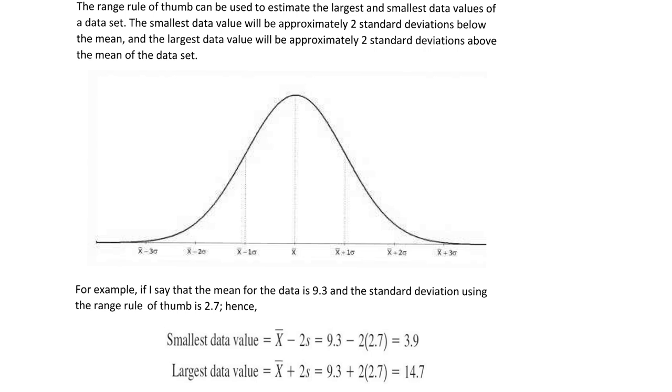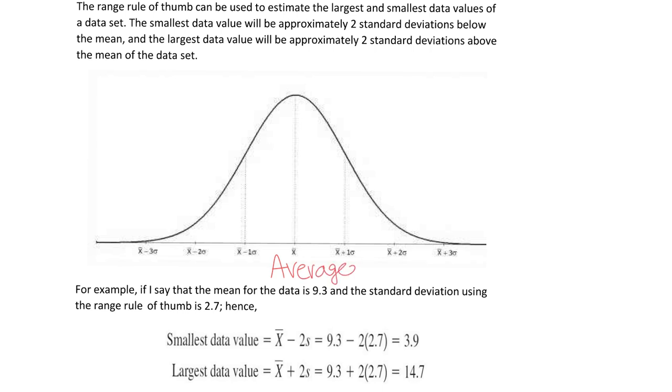The largest data value will be approximately 2 standard deviations above the mean of the data set. For example, if the mean for the data is 9.3, and the standard deviation using the range rule of thumb is 2.7, it is saying that the smallest data value would be about 3.9, and the largest data value would be 14.7.